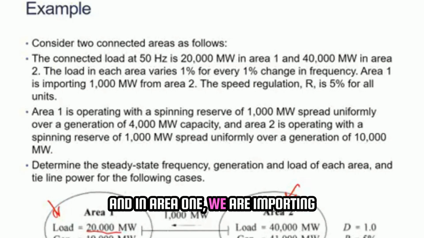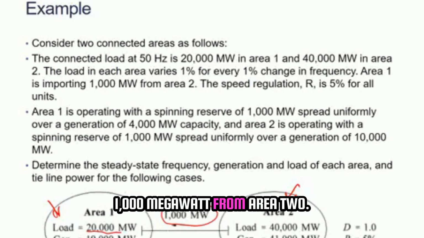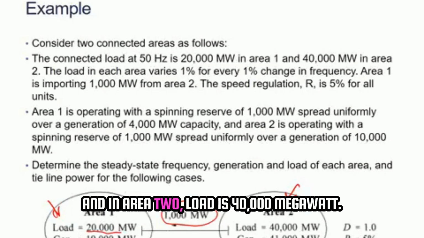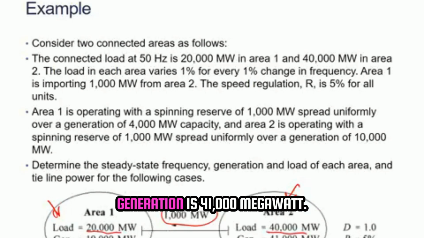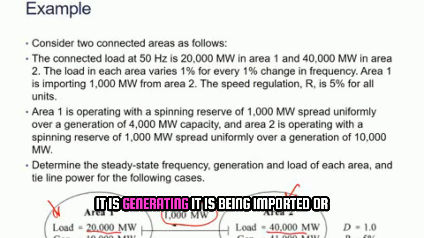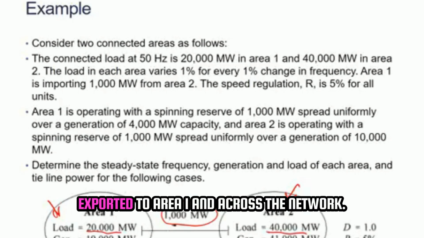And in area 1, we are importing 1000 megawatt from area 2. And in area 2, load is 40,000 megawatt, generation is 41,000 megawatt. Obviously, that 1000 megawatt which is extra it is generating, it is being exported to area 1.